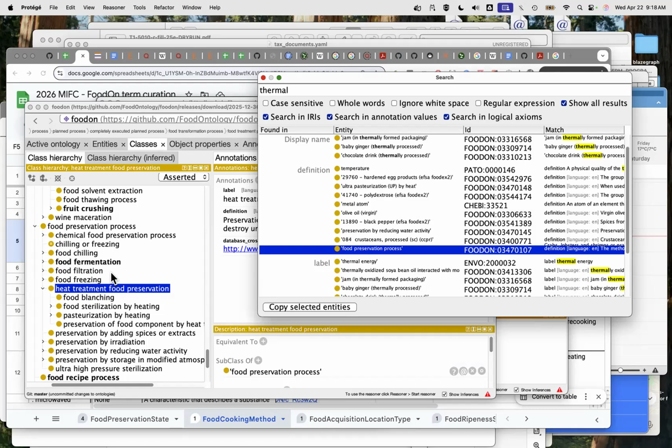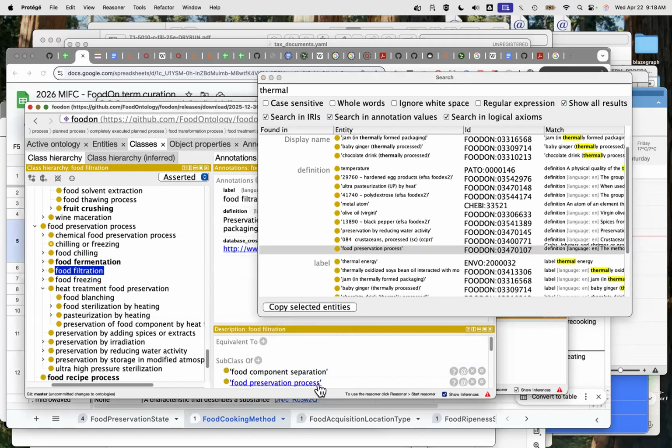So we will have a thermal heat treatment, and we'll probably move some of these. Right, we've got some of these things under multiple categories here. So we'll be approaching them from just sort of the objective or the method.